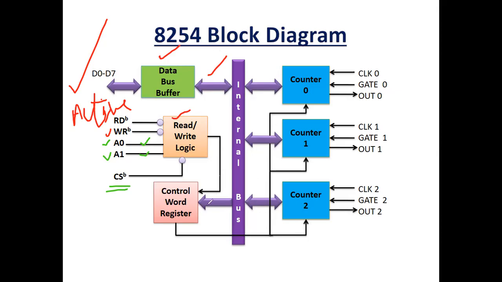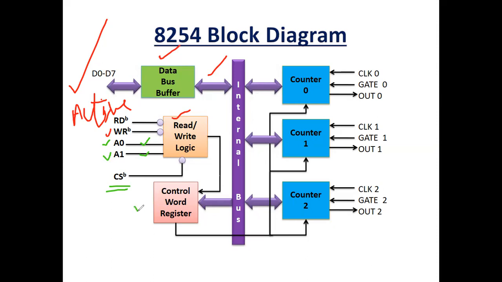What does it mean? It means no operation will be performed by this 8254 IC. So, in order to enable this 8254 IC, we must give a low input at this chip select signal.